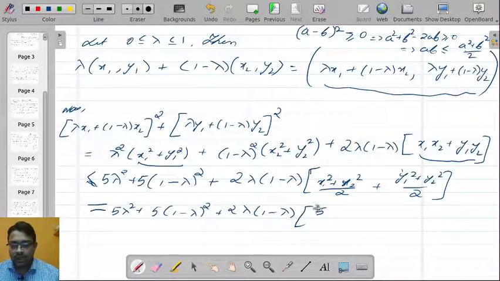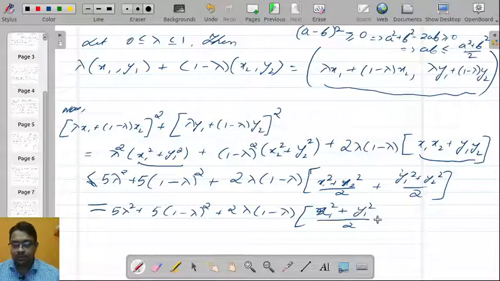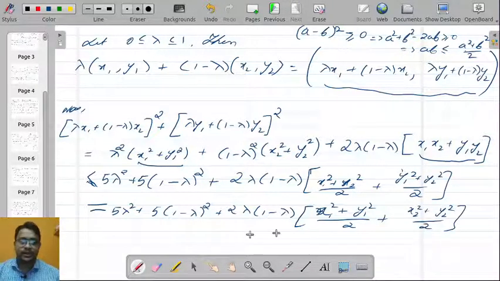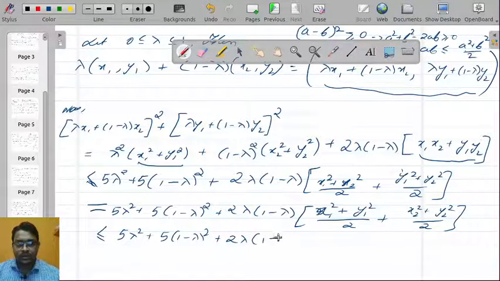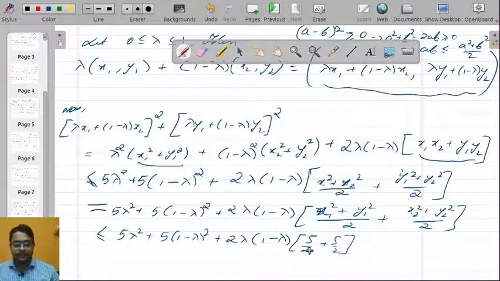Here I will write one equality and combine these things together: (x1 square plus y1 square) by 2 plus (x2 square plus y2 square) by 2. Then this is less than or equal to, since we already have x1 square plus y1 square less than or equal to 5, 5 into lambda square, 5 into (1 minus lambda) square plus 2 into lambda into (1 minus lambda), into 5 by 2 plus 5 by 2, so this is actually 5.